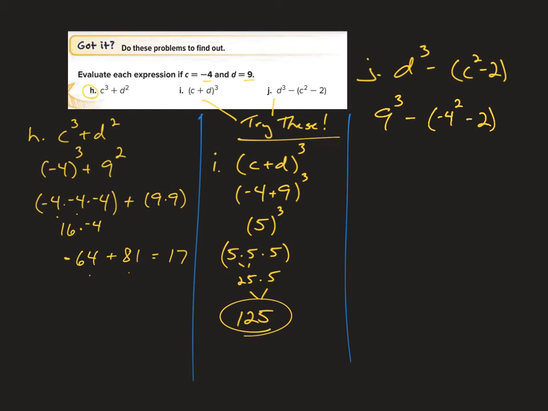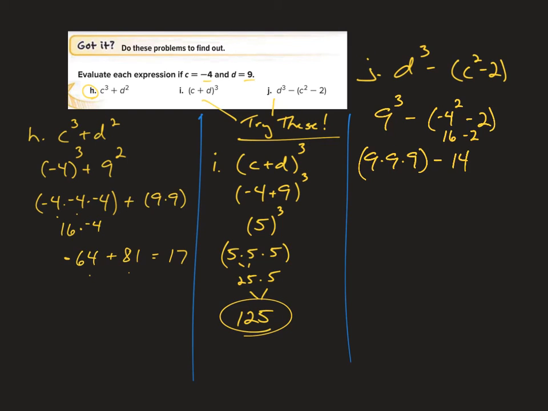And these parentheses are important. So now we can evaluate. We've got 9 times 9 times 9 minus -4 squared, which -4 squared would be 16, minus 2 would be 14.